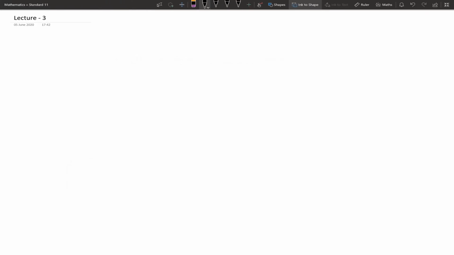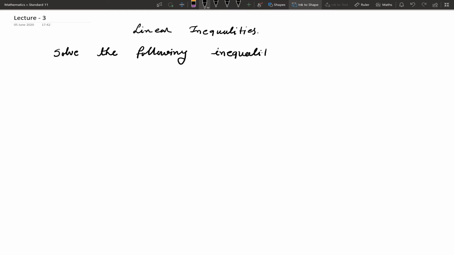Linear inequalities. Solve the following inequalities for real x.